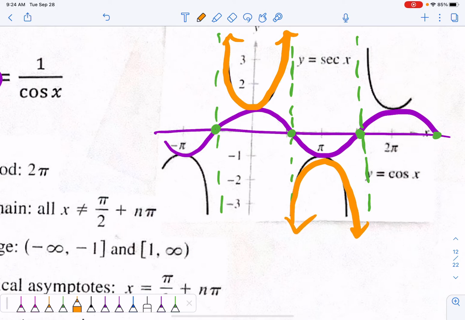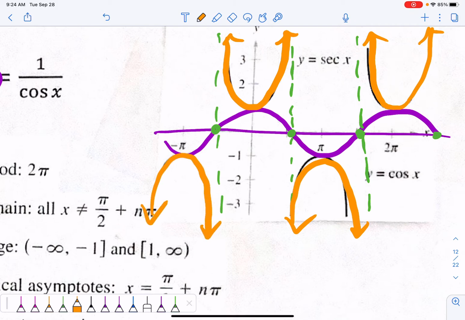They did a partial one here. Anything like that, that's what secant's going to look like. You just have to place the vertical asymptotes in the correct spot, and then the hyperbolas or the parabolas are going to branch off of the maximums and minimums.